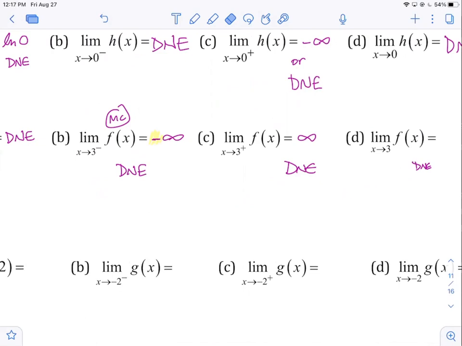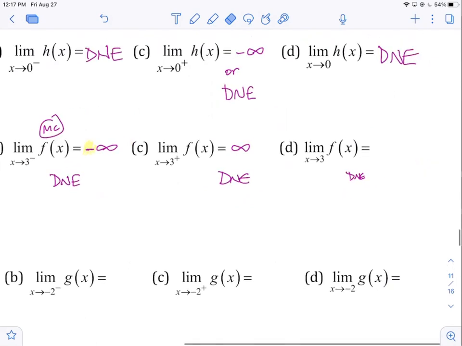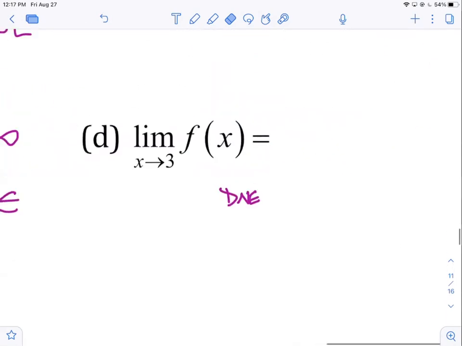And if they're both negative infinity from either side, we could put negative infinity for the general limit. But you have to realize you're still saying that the limit doesn't exist. We're going to look at an example of that. So we're getting there. But here the best we could do is DNE because it's doing 2 different things.